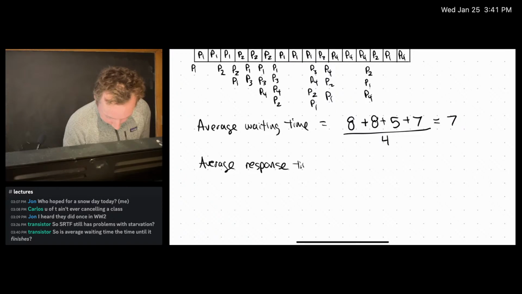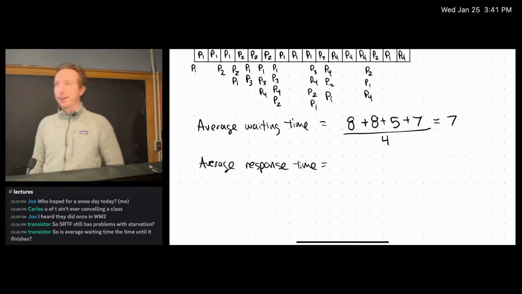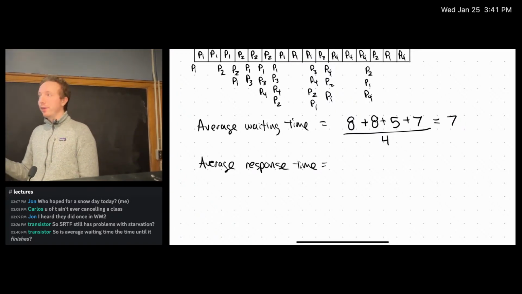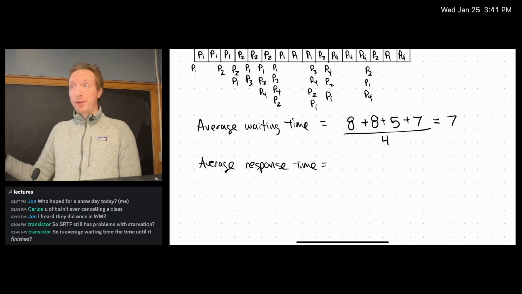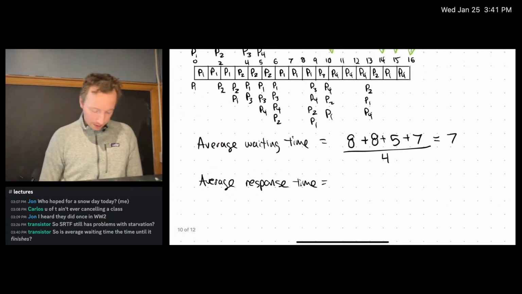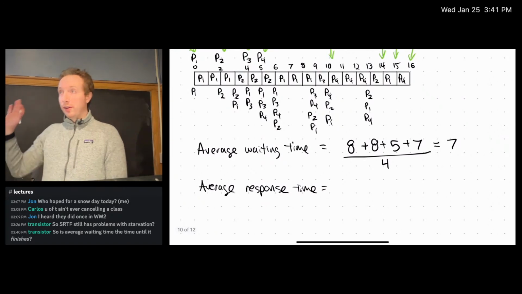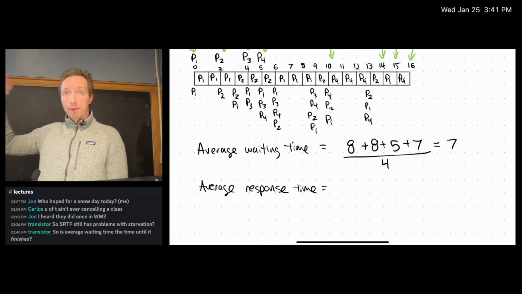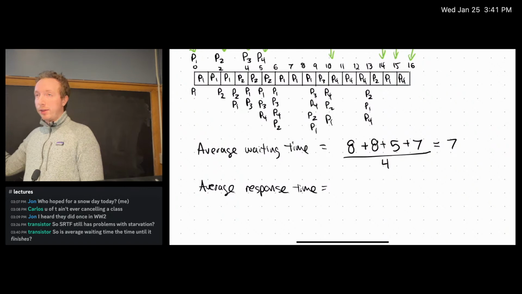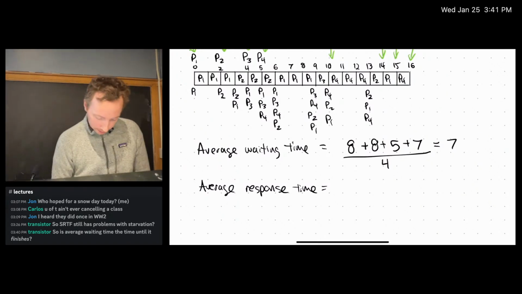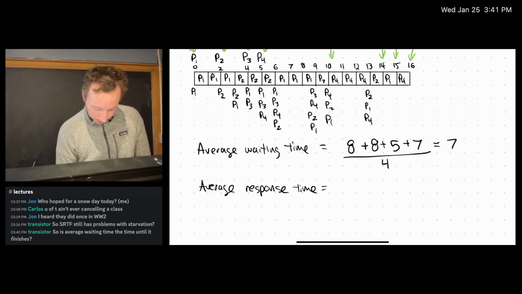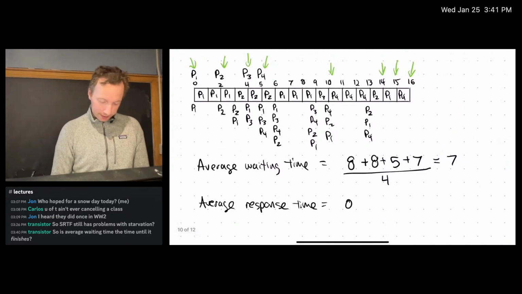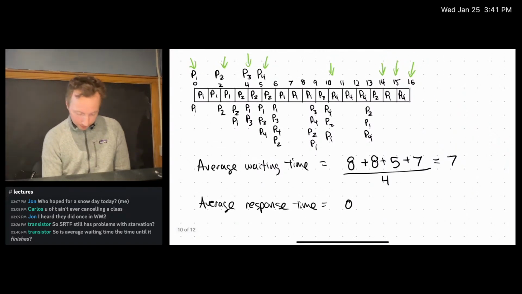That is generally something you care about if it's a graphical application that's not going to do that much CPU work. You just want it scheduled at some time. So the response time is the time from when it first gets scheduled to when it first executes a single instruction.